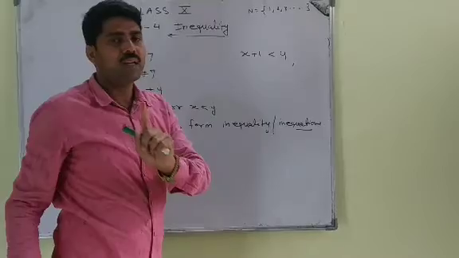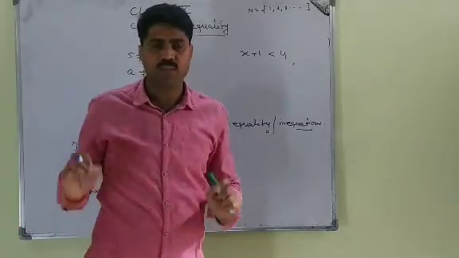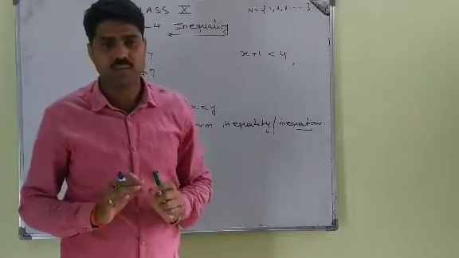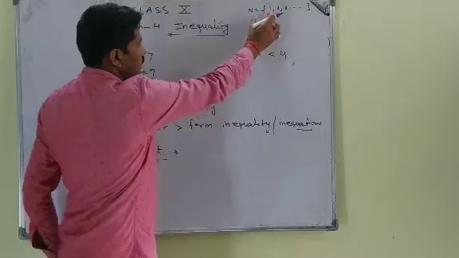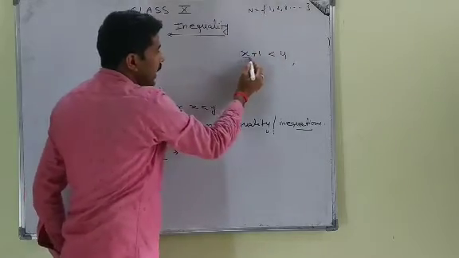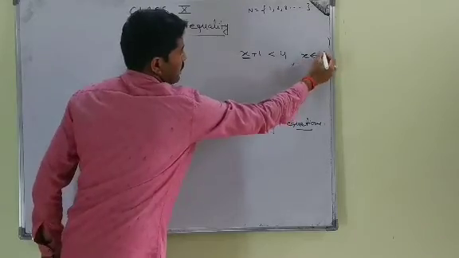You know very well what a real number is. All the numbers that exist in the world are called real numbers. So please replace the x. From where? It is given x belongs to N.